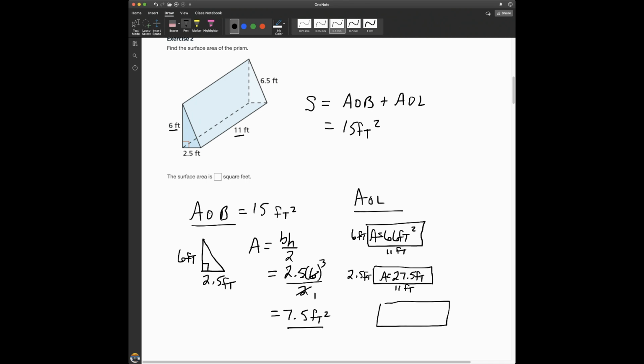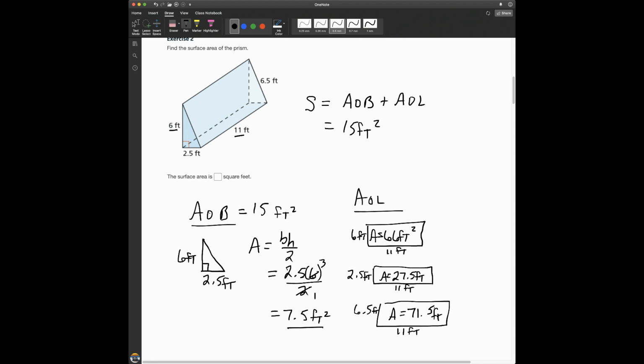And then the one that's in the front is 6.5 feet times 11 feet, and 6.5 times 11 gives me an area of 71.5 feet. So now I need to add those together.